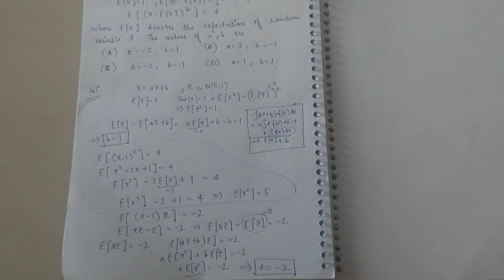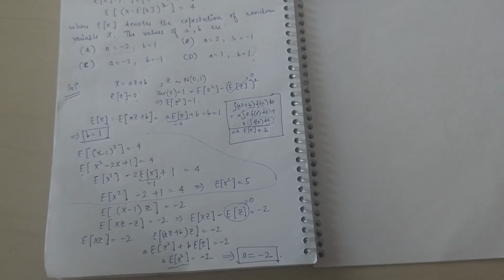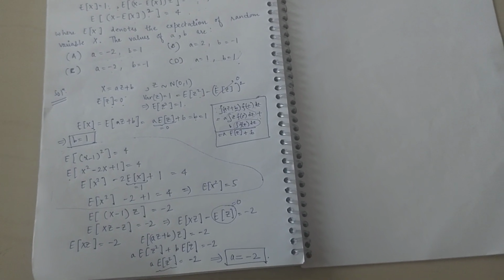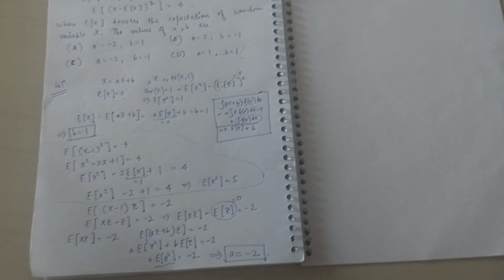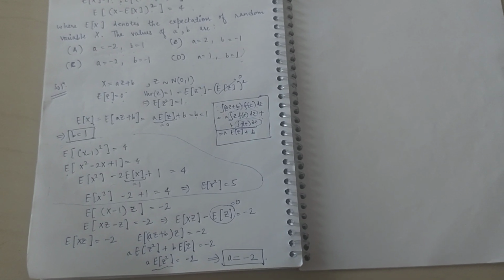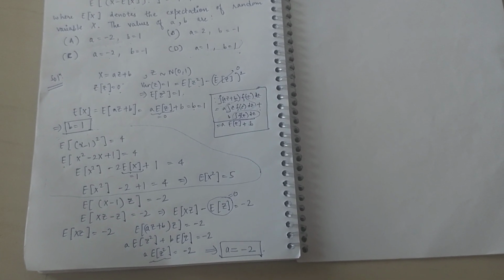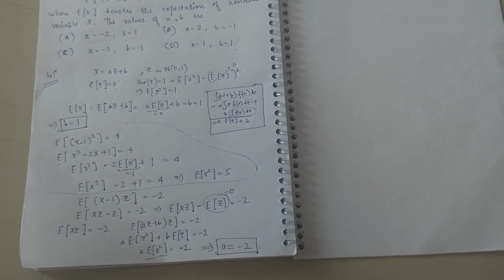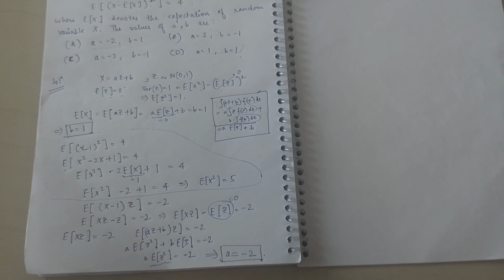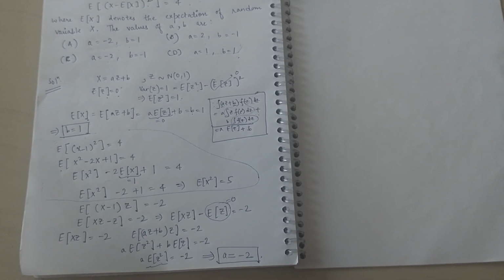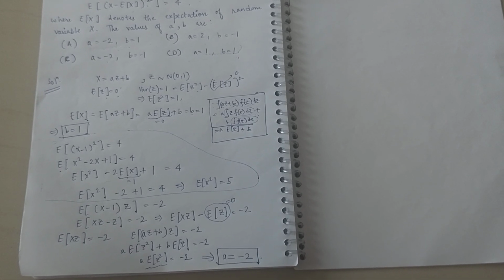But I still made a silly mistake in marking the answer. When I solved for the value of b, I was able to get it easily, but when I was solving for a, I think I was confused and I got something like a square equals 4, as far as I remember. Then I was confused by the options for some reason, maybe because I was panicking.